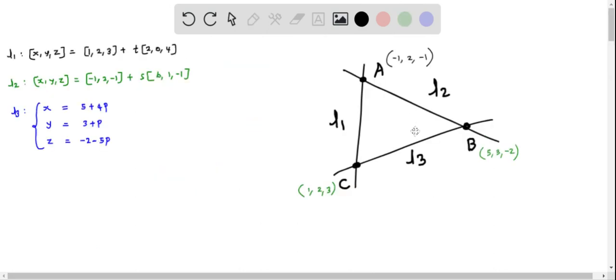So now that we have determined all the intersection points, we can determine the side lengths. First we will determine the side length AB, and this is the distance between the points A and B. So we can utilize the distance formula.